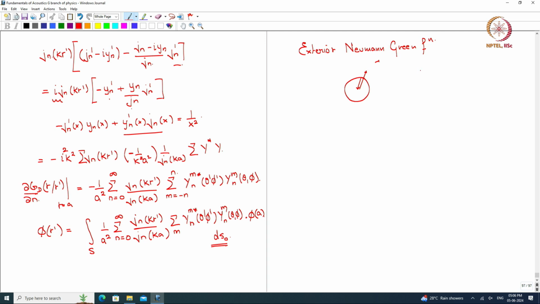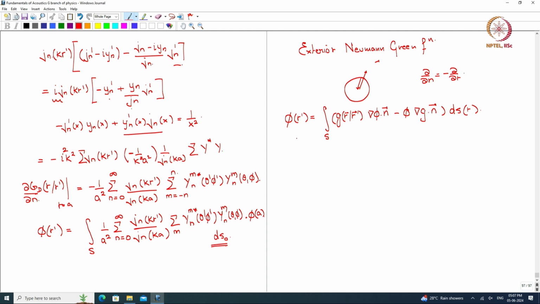So ∂n is opposed to ∂r, that is important. And my φ(r') is integral over an area of G(r') ∇φ dot n minus φ ∇G dot n dS(r).